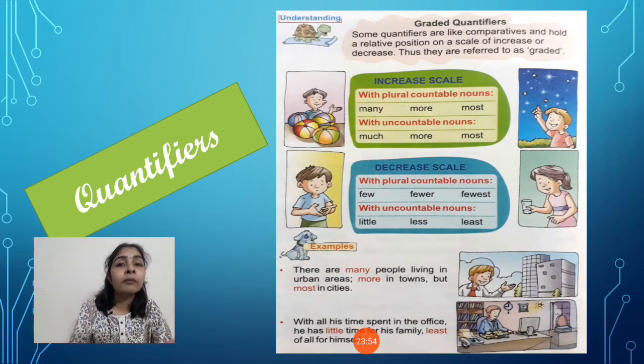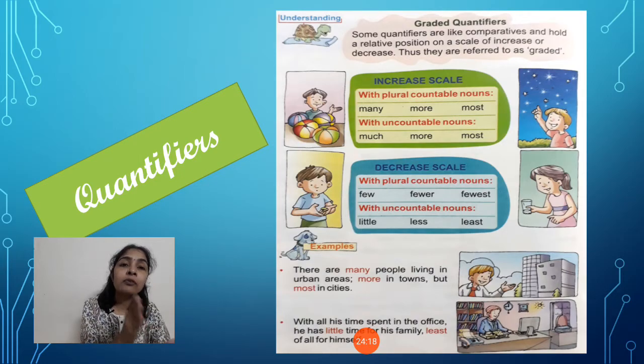As I told, like positive, comparative, superlative, either they go on increasing or they go on decreasing. So they are used on increase scale or decrease scale. On increase scale, there are many, more, most, or much, more, most. So for many and for much, both we are using comparative as more or most, and the same thing is here also for few and little.